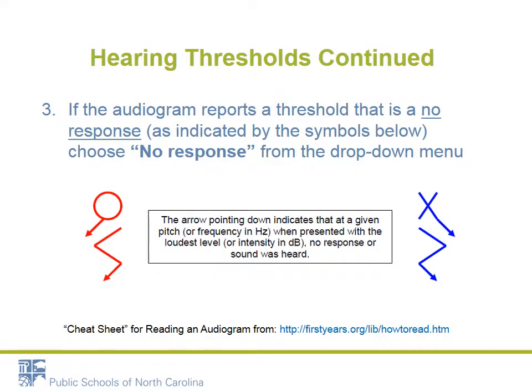And lastly, there's an option to choose No Response. You will choose that if the audiogram reports a no response threshold as indicated by one of the symbols you see here. And the choice on the database this year will be no response at this frequency.